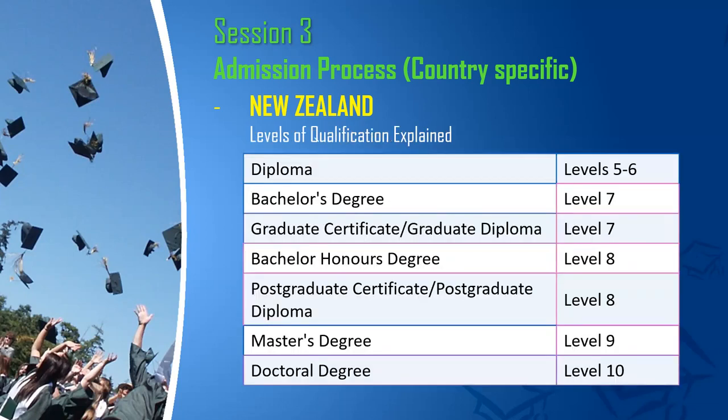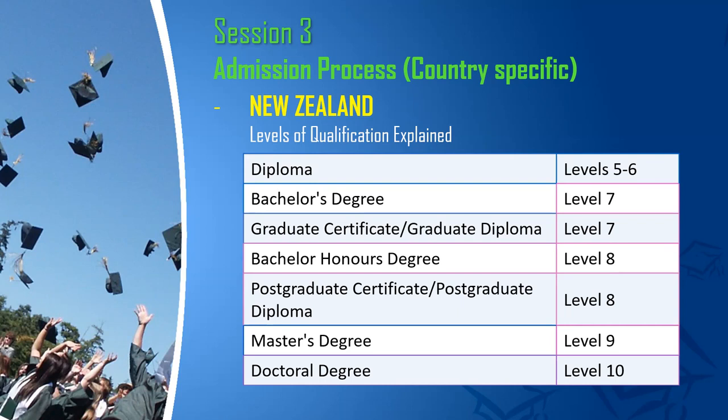Now, New Zealand's qualifications are divided into different levels. This is the summary of that. Diplomas are categorized under level 5 and 6. Bachelor's degree, level 7. Graduate certificate or graduate diploma, level 7. Bachelor's honors degree, that is a 4-year bachelor's, level 8.